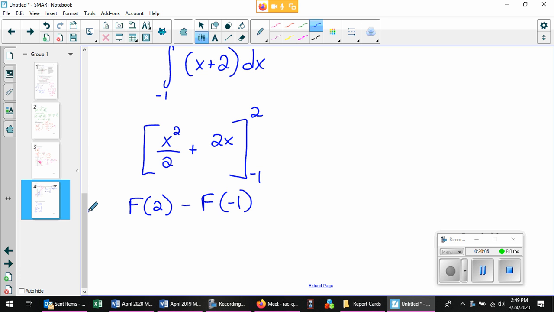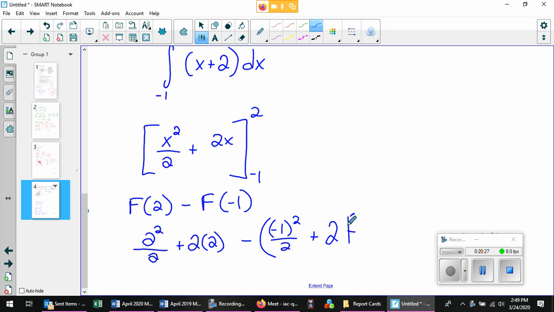So step 1 is now to derive it. Step 2 is do the math. So I'm going to have 2 squared divided by 2 plus 2 times 2, subtract -1 squared divided by 2 plus 2 times -1.